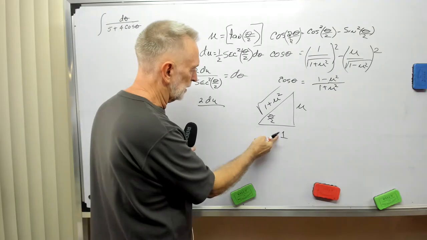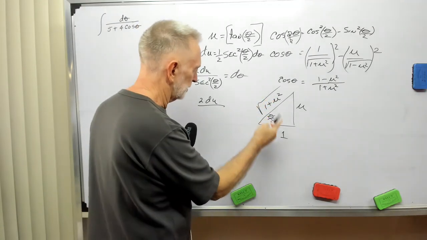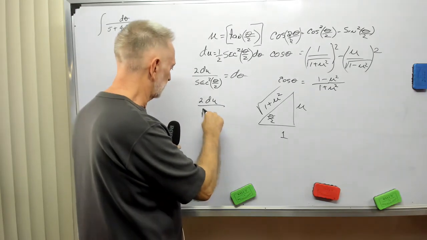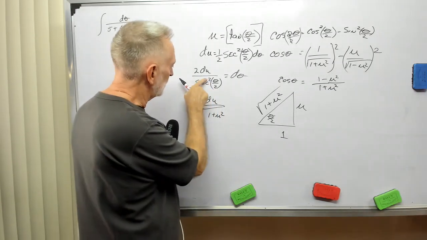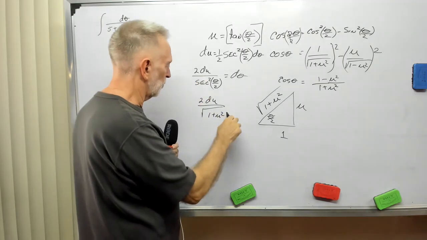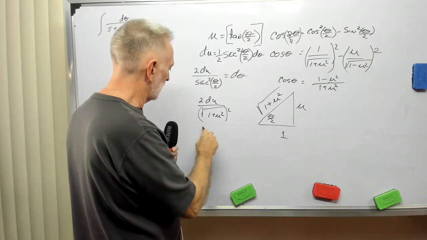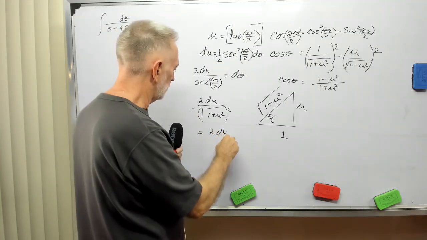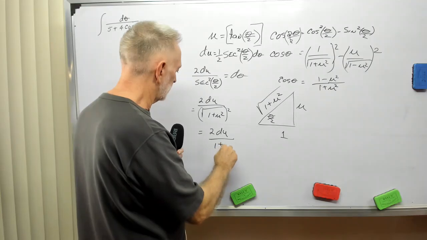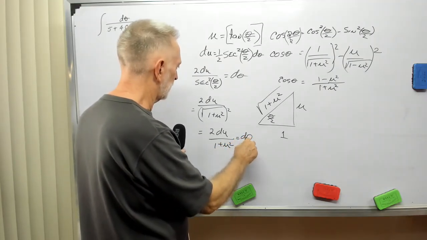So if cosine is 1 over this, secant is this over that. So that's the square root of 1 plus u squared. But it's squared, and that's over 1 squared. So the radical sign drops off. So that's 2 du over 1 plus u squared. And that is d theta.